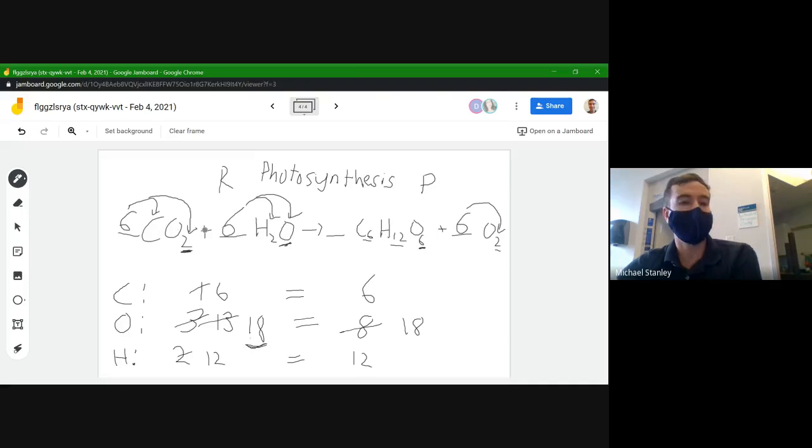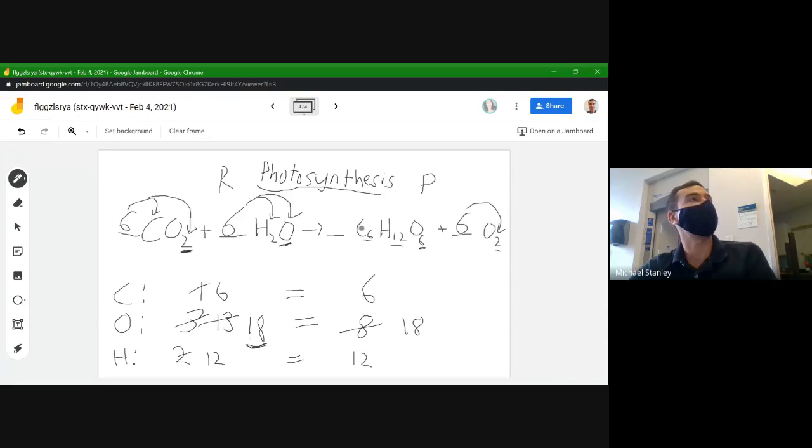Six CO2 plus 6 H2O produces C6H12O6 plus 6 O2. That is our final, the correct equation for photosynthesis, the way that plants take carbon dioxide and water and turn it into sugar and oxygen.